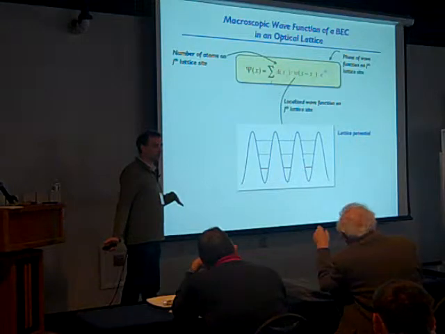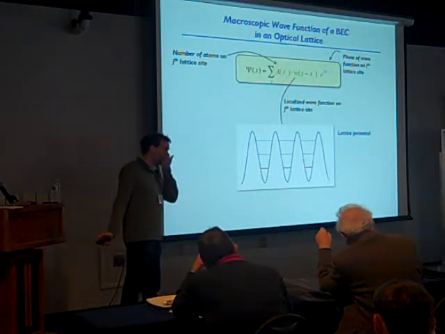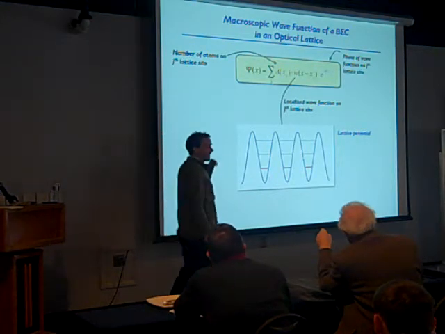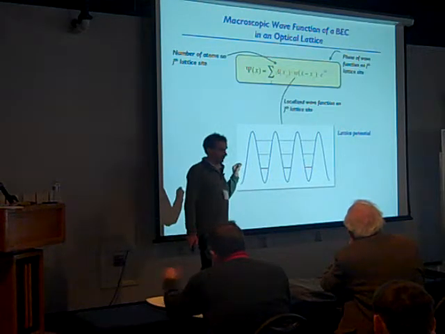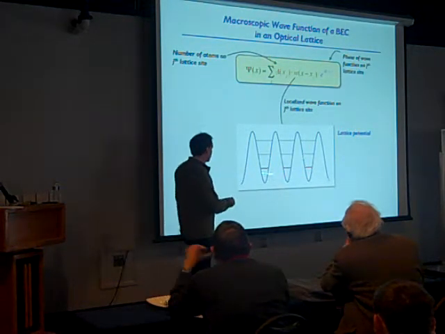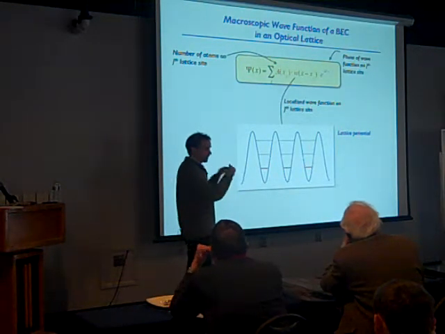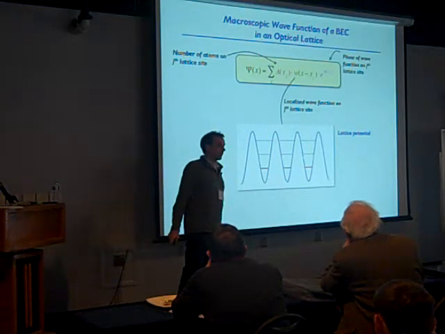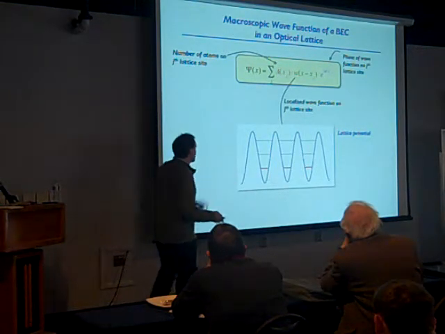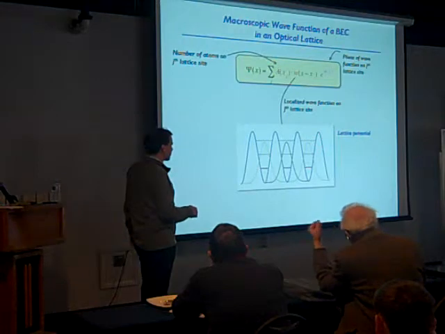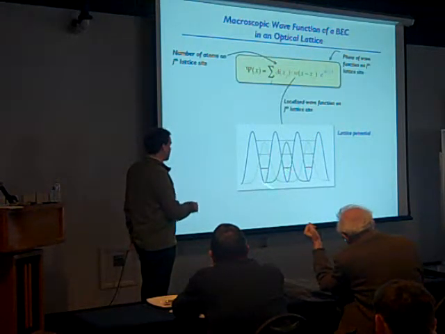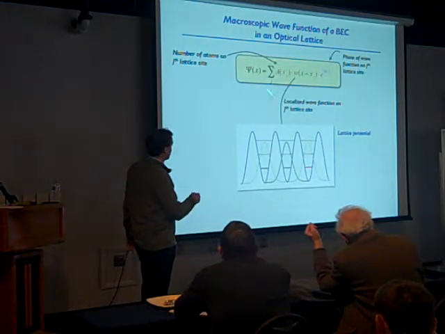What happens if it's not infinitely deep? What could the atoms do? Form bands, but what does it mean? What would an atom do that you place into this lattice site? Right, they can tunnel to a neighboring site, or in other words, the wave functions spread out over multiple sites. Exactly. Okay, but let's just consider this kind of BEC. You can think of it as having a little Bose-Einstein condensate on each of the lattice sites, and they are connected via tunneling, and you can just describe it like this.